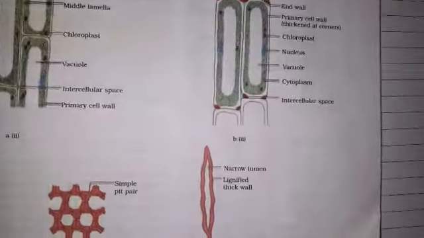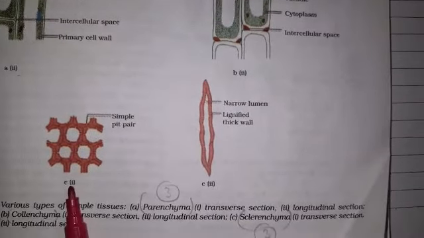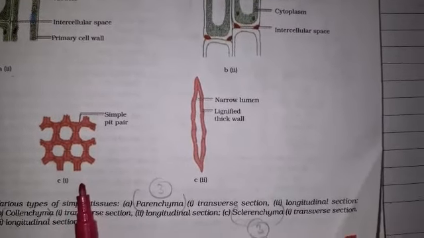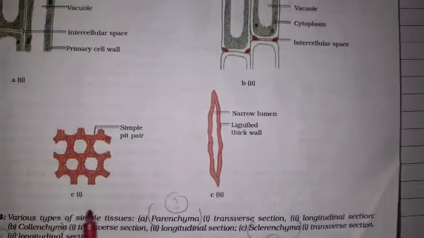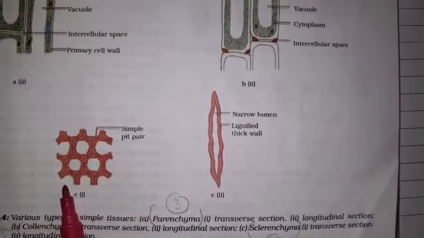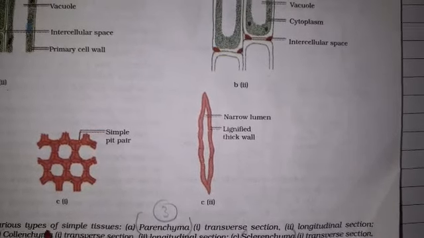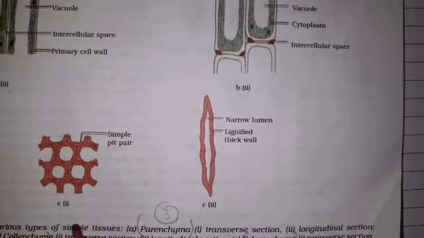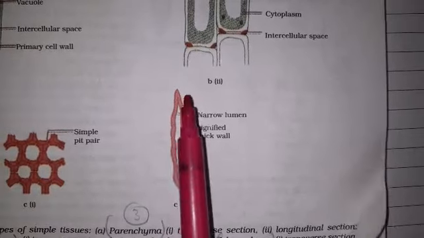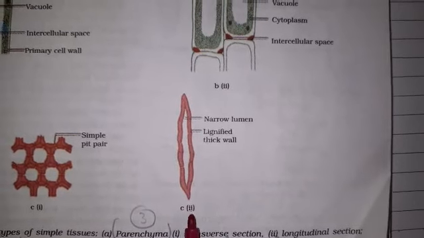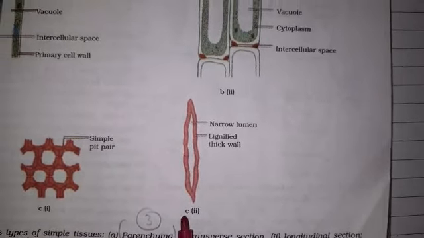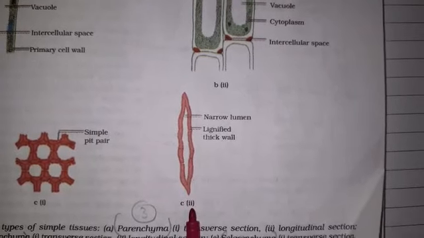That is sclerenchyma. Just look at how the sclerenchyma is. It is thickened everywhere. First see the picture, the sclerenchyma longitudinal section, it is like this. Have you any guess where we see these types of cells?